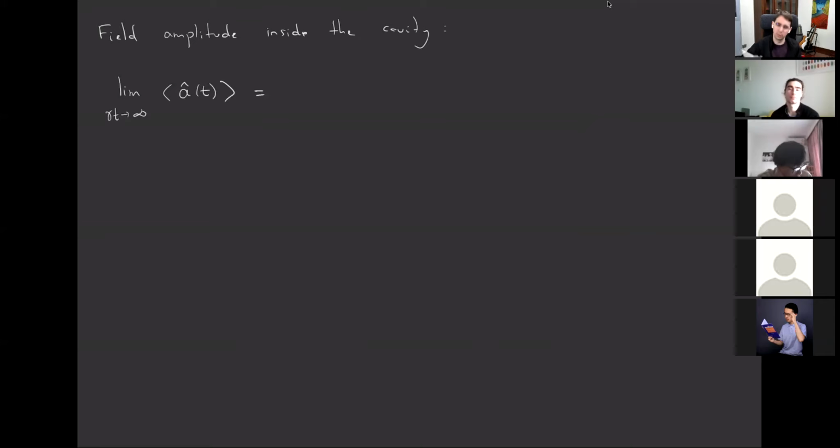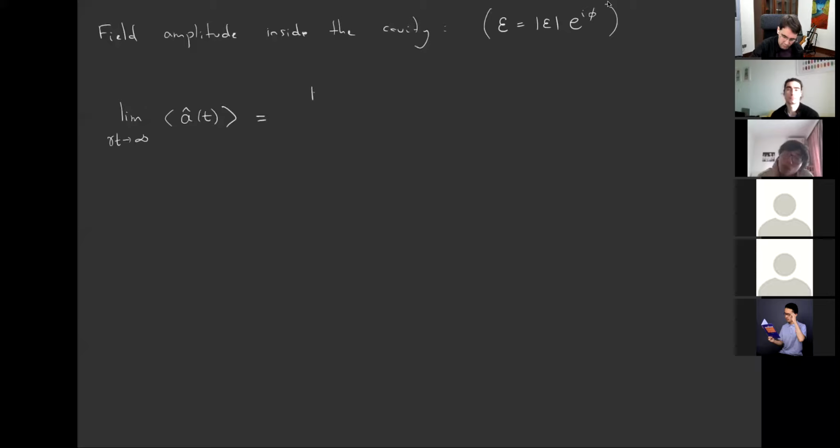And this will be equal to what? This is equal to, so let me write the driving amplitude as some magnitude and some phase. So this is a phi. Okay, and then we can write this expression as the following.